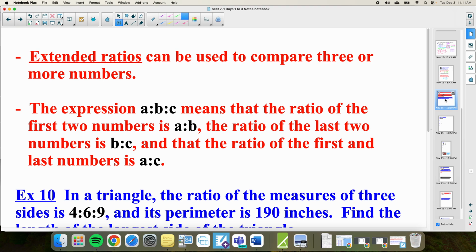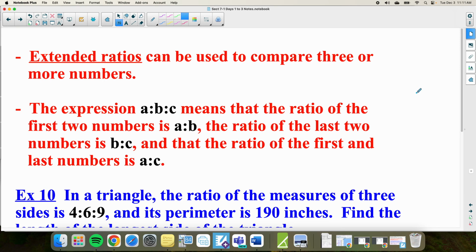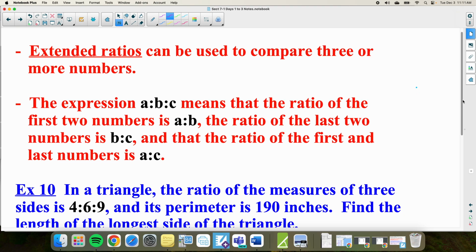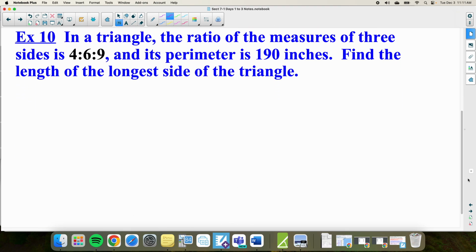Now, let's go to this. This is one type of question that you guys will have in your assignment as well as on your quiz tomorrow, where it tells you that you have a triangle and it tells you the ratio of the measures of the sides.